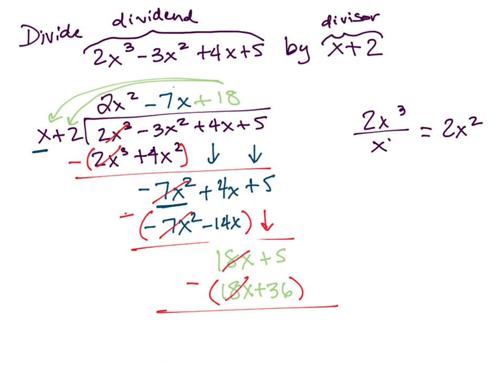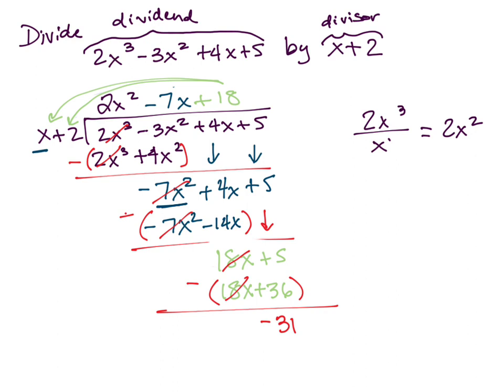Good. 5 minus 36. Negative 31. 5 minus 36. So in other words, 36 minus 5, but make it negative. Right? Negative 31. I cannot divide negative 31 by x. So at this point, we're done with the dividing part.